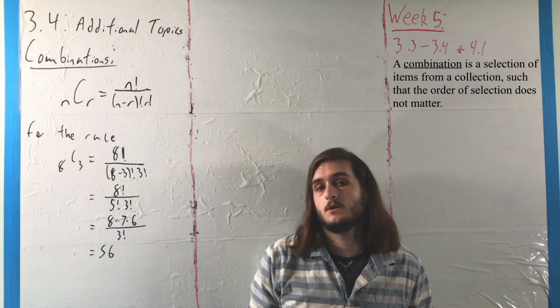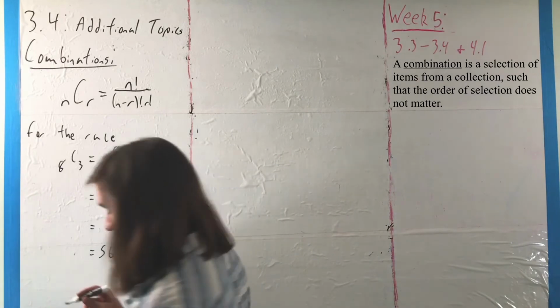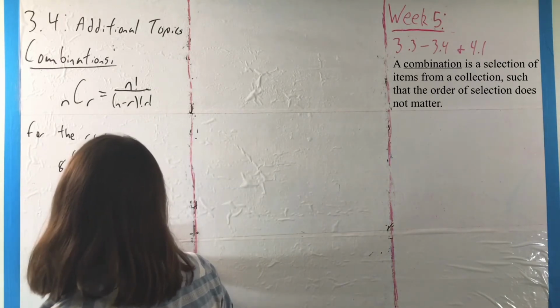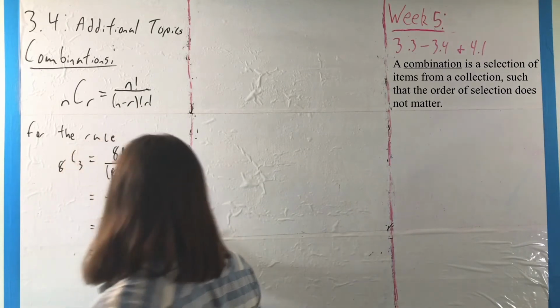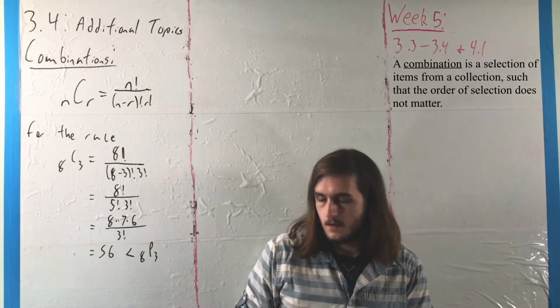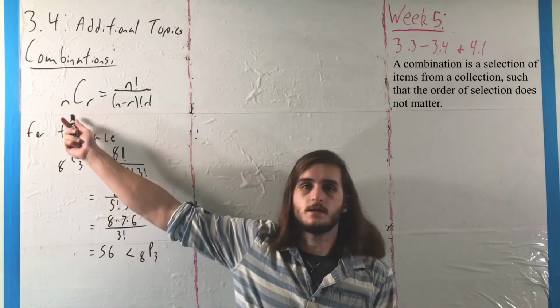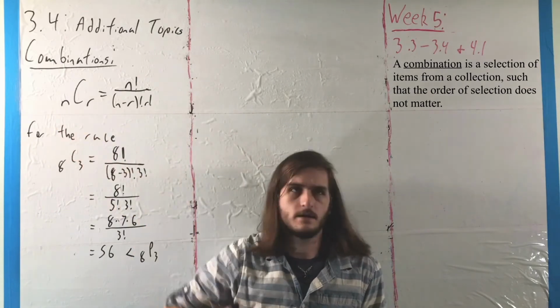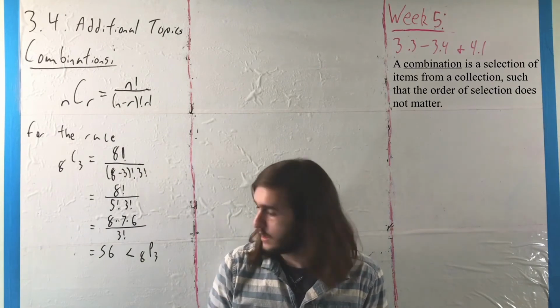But the important thing to notice here is when it comes to these computations, these numbers, we almost always have that if we're selecting versus permuting, if we're looking at n choose r, and we usually say this as n choose r instead of n combine r, whereas in the other case we might say n permute r.